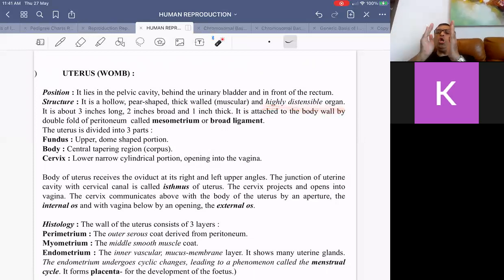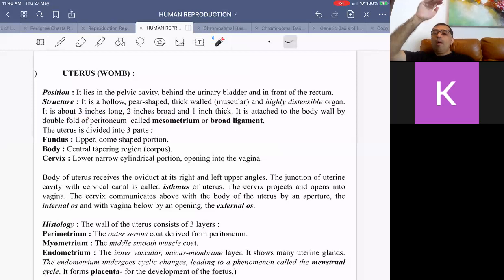It has a phenomenal capacity to stretch. So a normal uterus is about 3 inches long, 2 inches broad, and 1 inch in thickness. And during pregnancy, it will stretch to 2 feet by 1.5 feet by 1.5 feet.